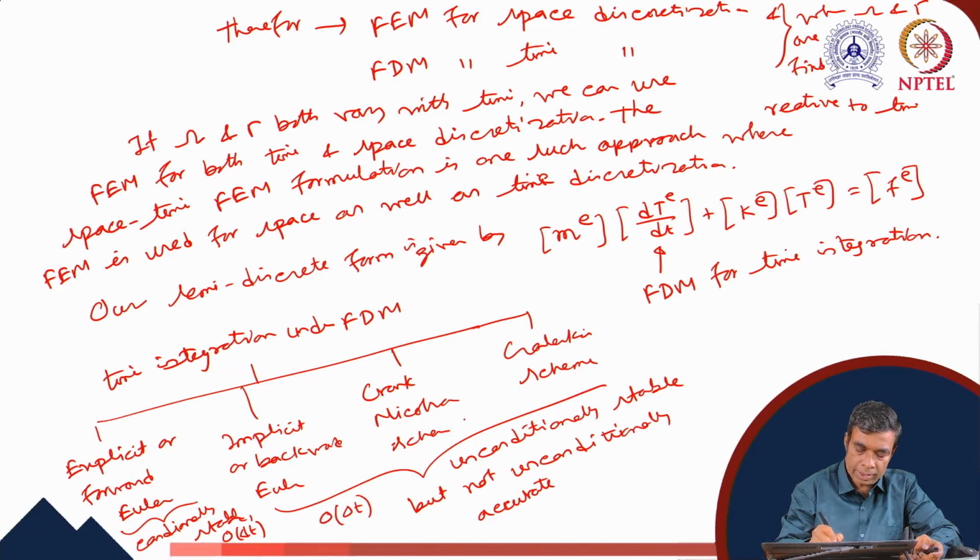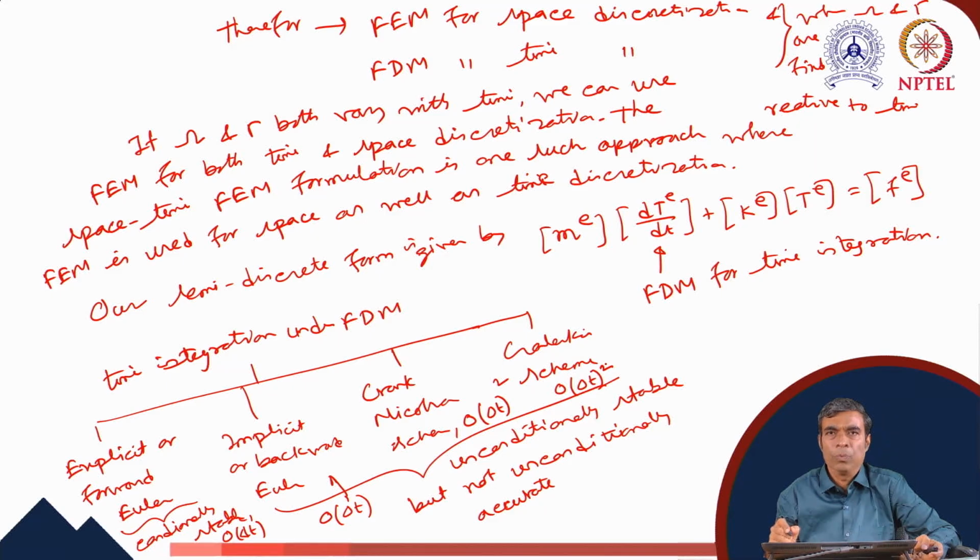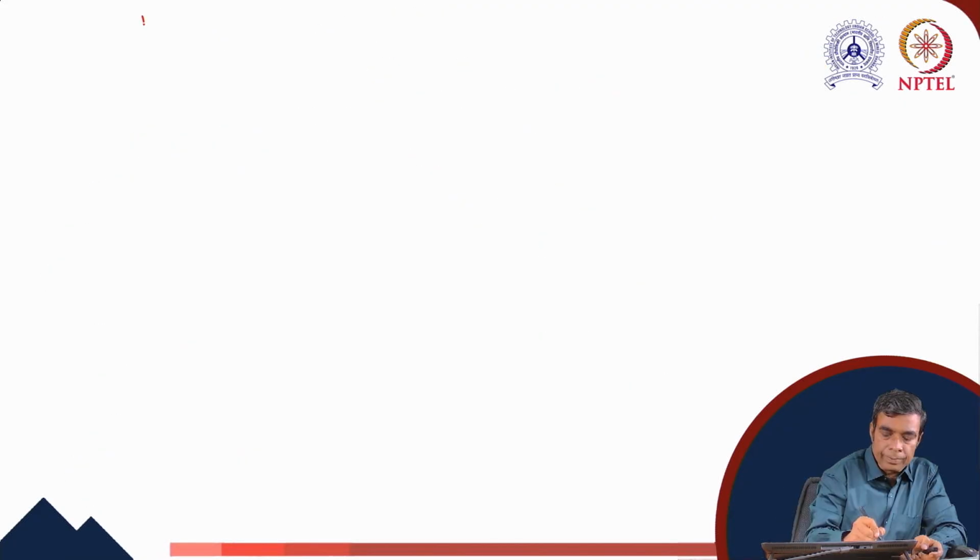For the Crank-Nicolson scheme, the order of accuracy is second order, order of delta t whole square. And similarly, for the Galerkin scheme also, the accuracy is second order in time, order of delta t whole square. Now we illustrate the implementation of all four schemes. Illustration of the differencing schemes.